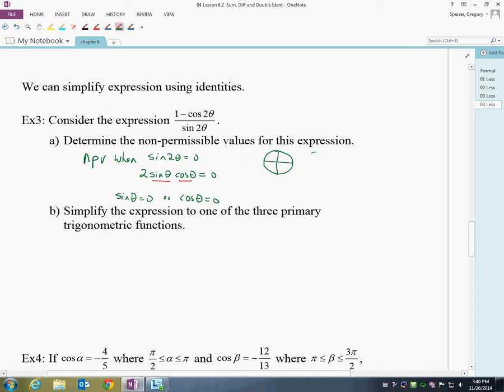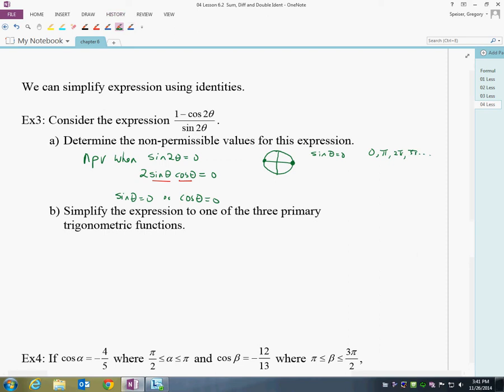When is sine of theta equal to 0? Well, that's the y value, so the y values would be here, right? And then again over here, that's when the y values are equal to 0. So this would be at 0, pi, and 2 pi, and 3 pi, and so on forever, right?